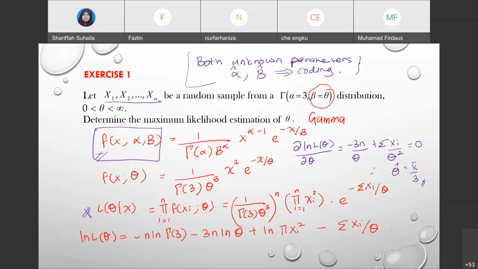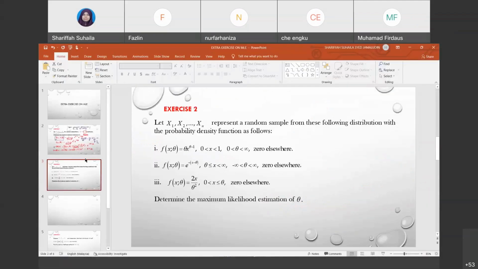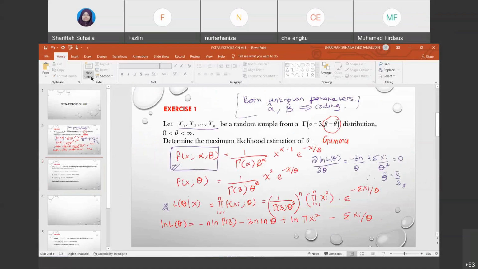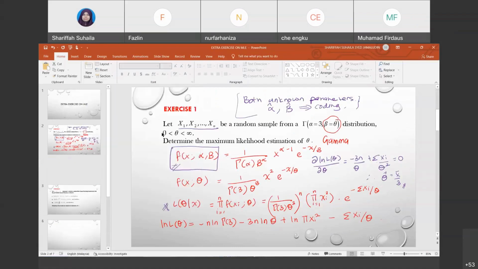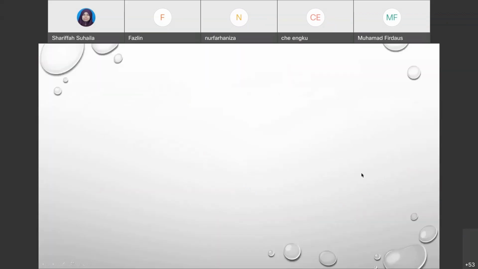Okay. So, satu lagi. Sekejap ya. Saya nak kamu mahir juga untuk gamma distribution. Kamu kena tahu gamma alpha sebenarnya adalah alpha minus 1 factorial. Benda-benda macam ni kena tahu.